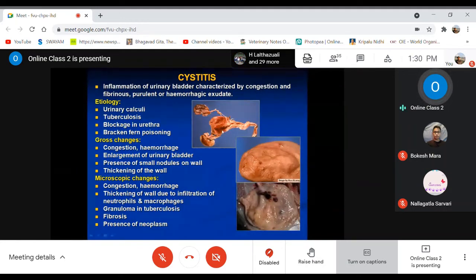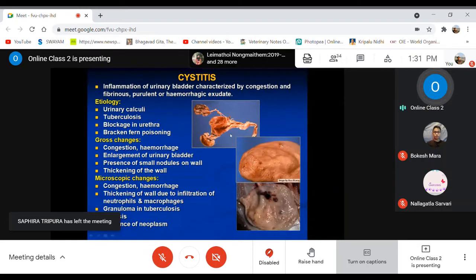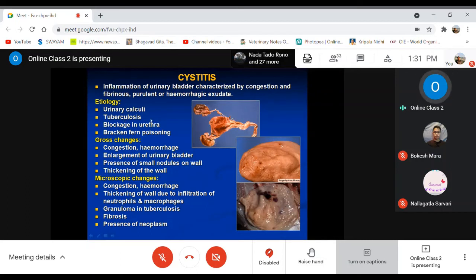When you see the urinary bladder of any species, you'll find that it is inflamed. There are different types of reaction: there may be simply congestion, or a fibrinous type, or a purulent type, or hemorrhagic lesions, depending upon the different etiological agents, like urinary calculi, then tuberculosis infection, the Mycobacterium infection, then blockage in the urethra, or Bracken-Fern poisoning. And I will discuss this a little bit in detail after this.